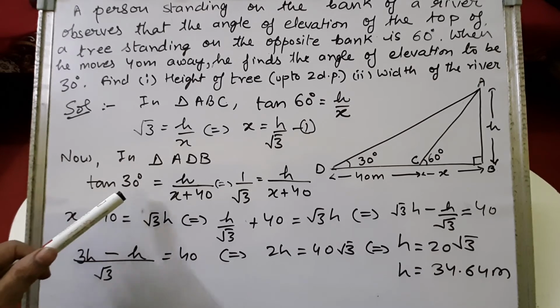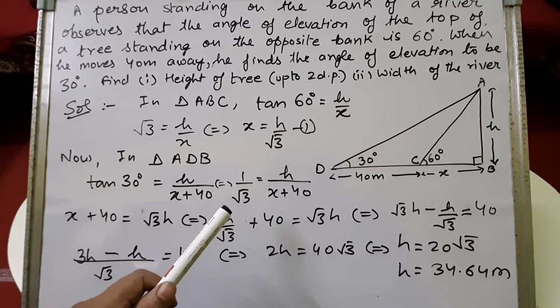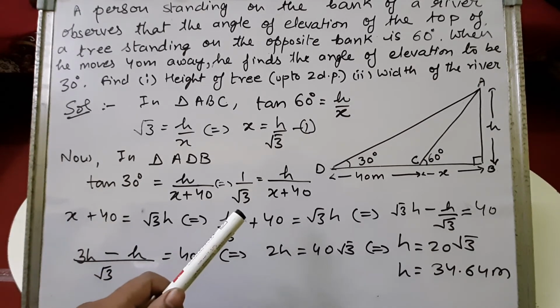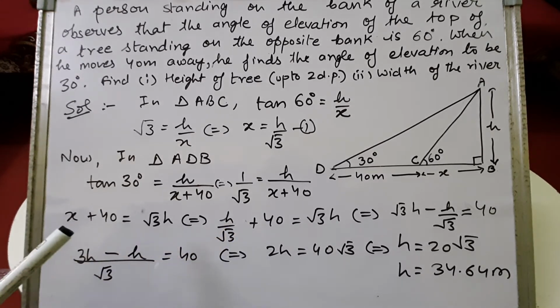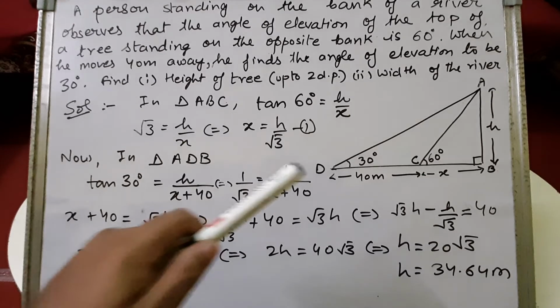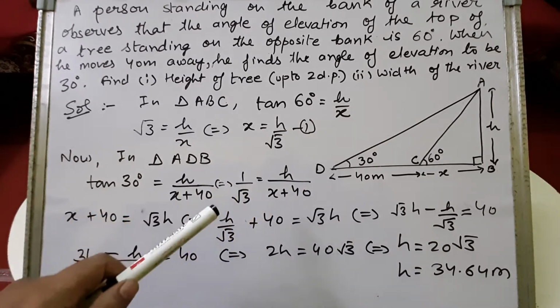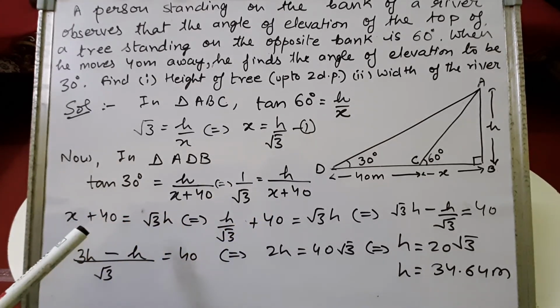The value of tan 30 we know is 1 upon root 3. So 1 upon root 3 equals h upon x plus 40. When we cross multiply, x plus 40 equals root 3 h.